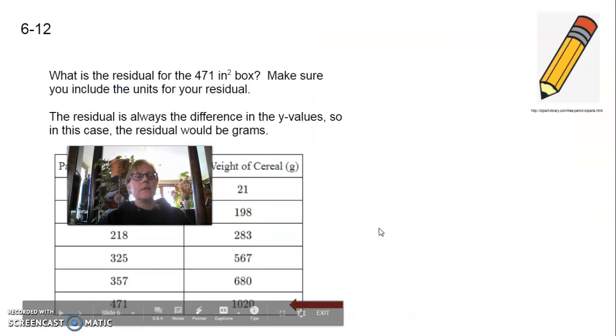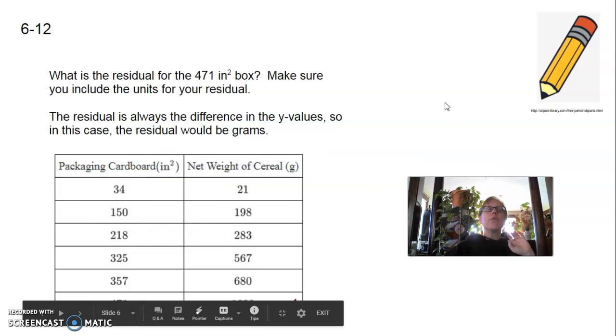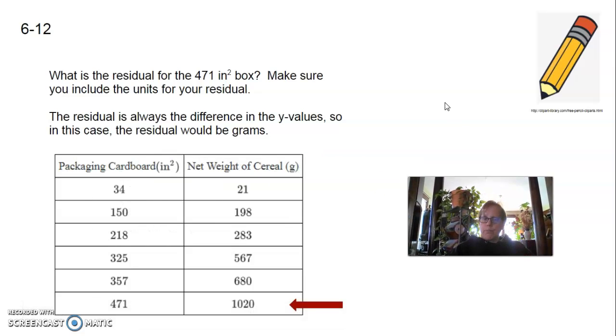All right, this is the slide I wanted. Here we go. For 612, it's your turn. They want you to find the residual for the 471-inch squared box. So please use your own formula. If you were having trouble and are using mine, that's okay too. And please take a look at the number next to the red arrow. That is the actual amount.